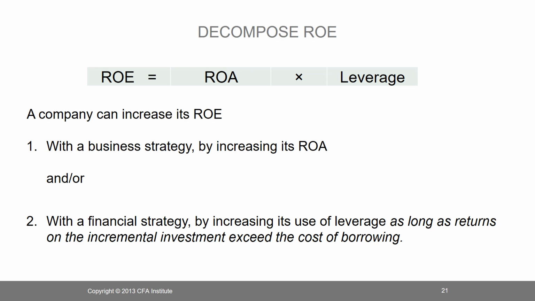And as long as the company is able to borrow at a rate lower than the marginal rate it can earn investing the borrowed money in its business, the company is making an effective use of leverage, and return on equity would increase as leverage increases. If a company's borrowing cost exceeds the marginal rate it can earn on investing in the business, return on equity would decline as leverage increases, because the effect of borrowing would be to depress return on assets.